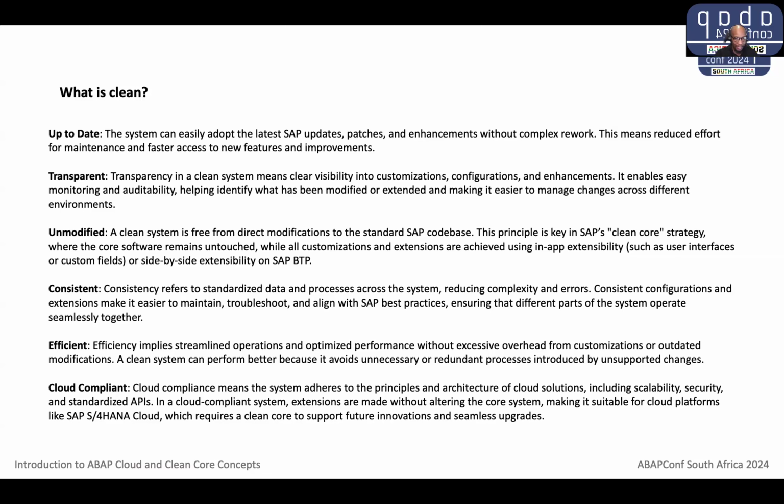You think about things like scalability and security, and you try and standardize the APIs that you use, for example. We'll cover all of that in a later chapter, but basically cloud compliance is you thinking ahead, not just in terms of what you have on your on-prem system, but the future and how you would carry this out when you get to that stage.